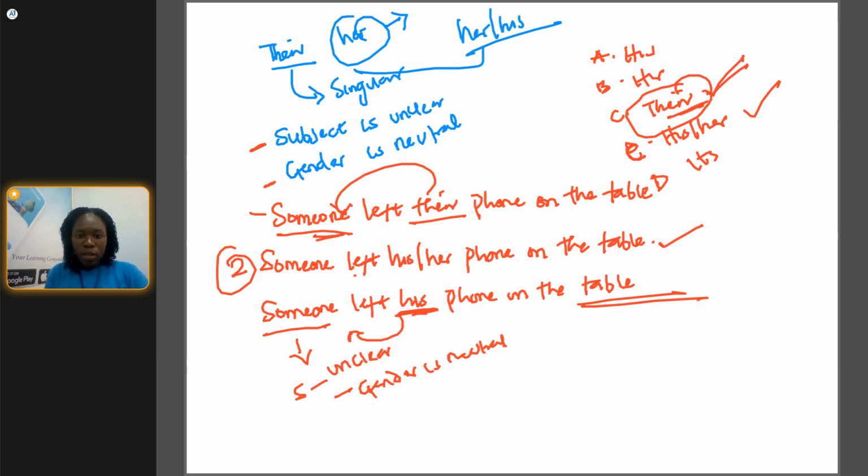All right. So the next point on when and where to use their is when referring to a singular indefinite pronoun. When referring to a singular indefinite pronoun. I'm going to have the board wiped off so I can have the other option.